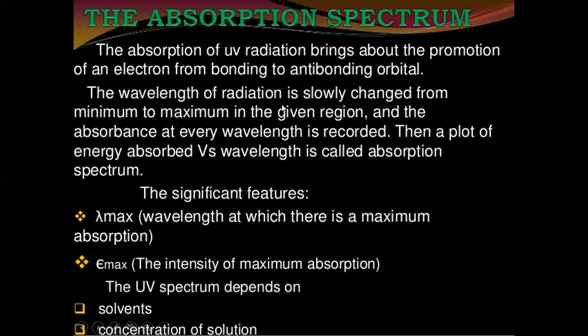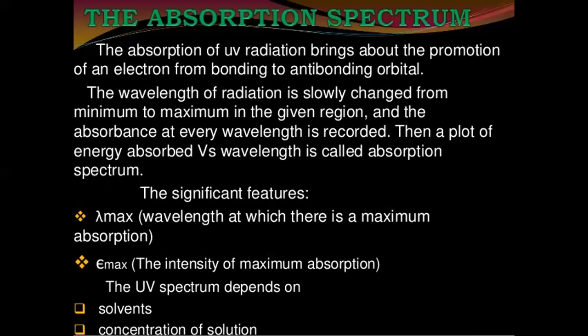The wavelength of the radiation is slowly changed from minimum to maximum in the given region, and the absorbance at every wavelength is recorded, and a plot of absorbance versus wavelength is called the absorption spectrum.